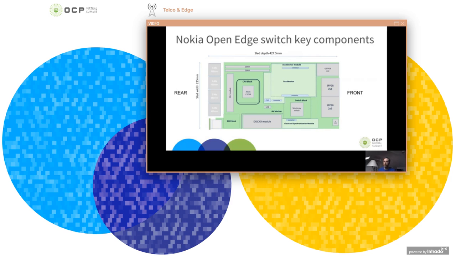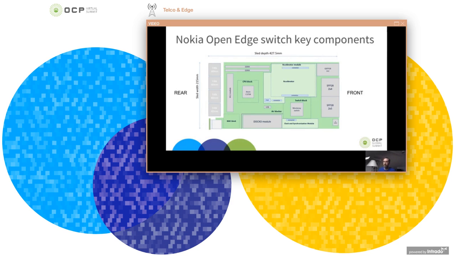Then we have the controller CPU block, which is based on the Intel Atom Denverton C3758 component. The memory subsystem of the CPU block is implemented with standard DDR4 DIMM modules, and on the board we have 2 slots for the DIMM modules.